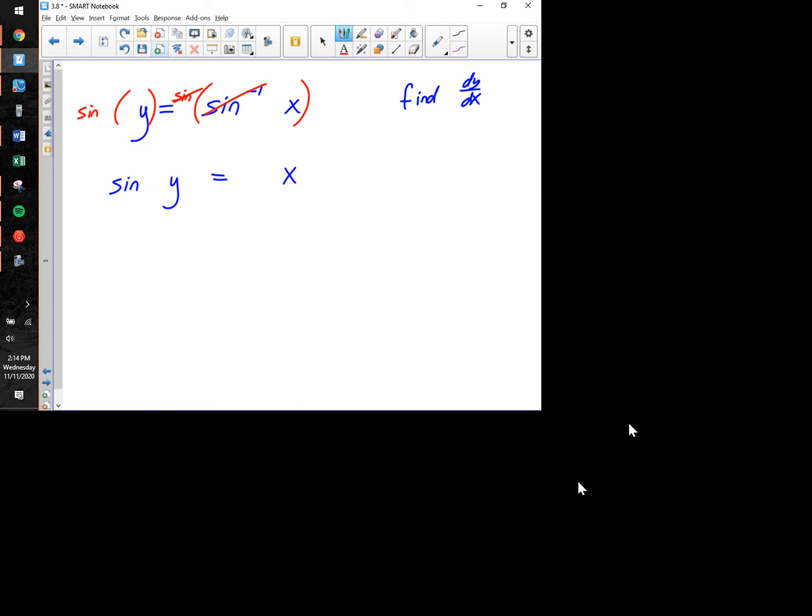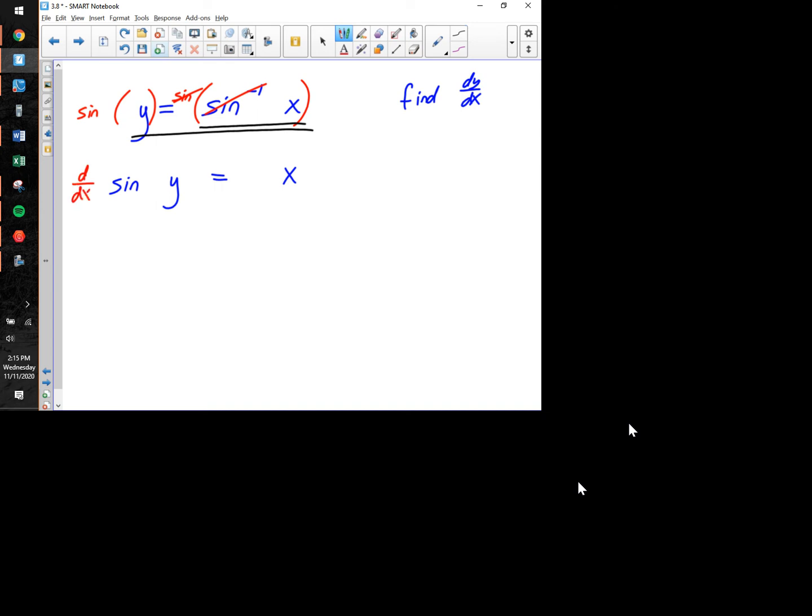The equation, the way it's written right now, is not solved for y in terms of x. That's what we had right here, but that was a dead end because we didn't know how to take the derivative of inverse sine of x. So we can write the equation implicitly and now try implicit differentiation.